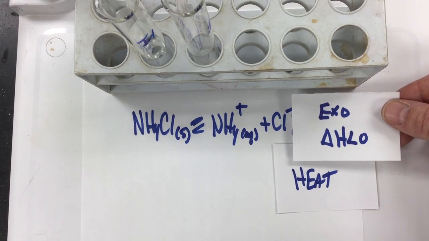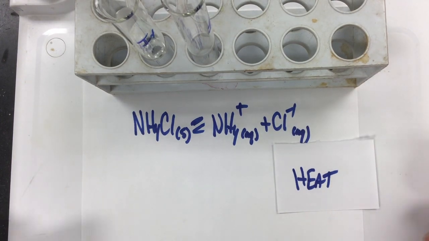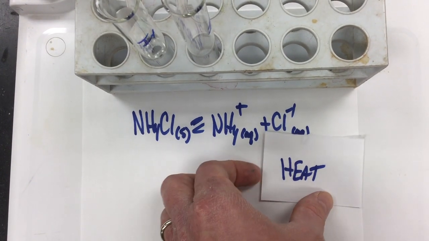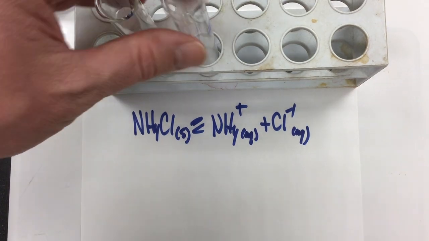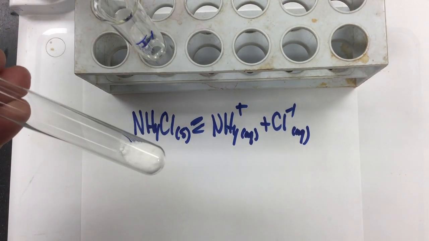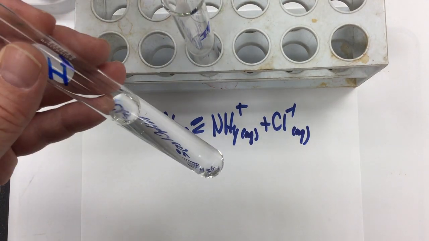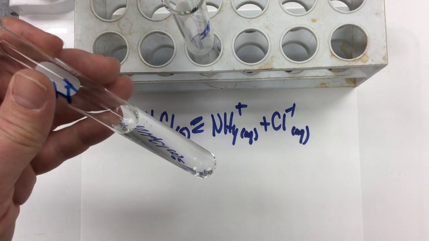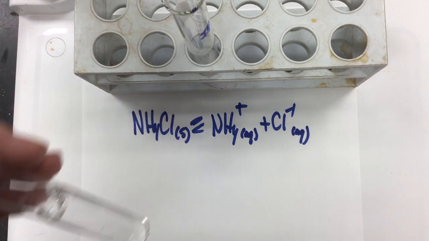So how are we going to tell? Well, we are going to take some solid ammonium chloride. You see that it's solid here. And I'm going to put it into some water, and we're going to see if this water gets hot or whether it gets cold.